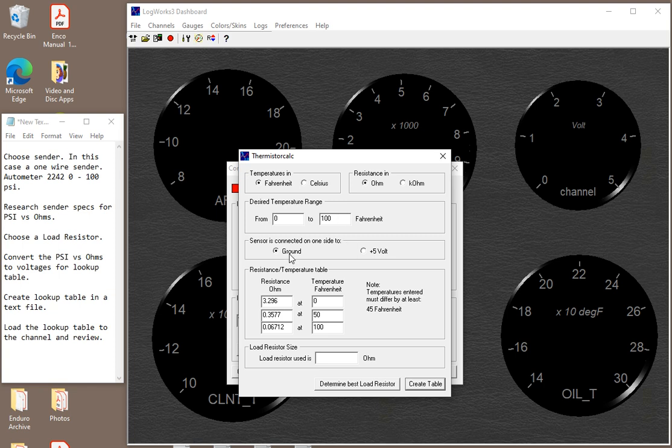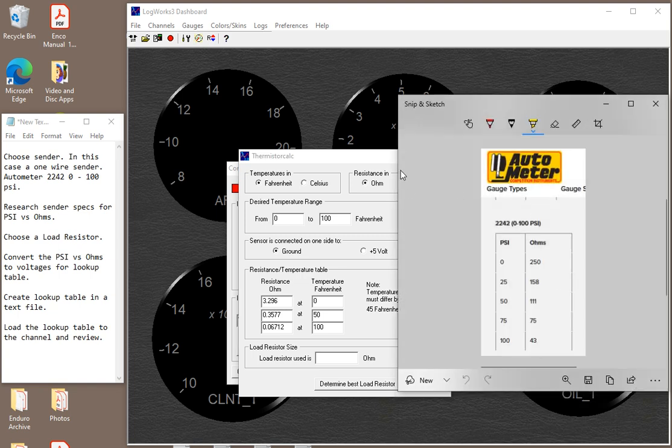We're going to leave this on ground because it's connected to ground. We're referencing the positive side, so we're going to connect it to ground. And we have 0, 50, and 100 for this temperature, but we're going to use pressure.